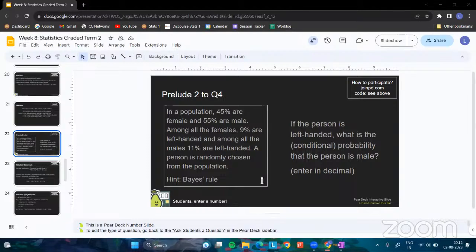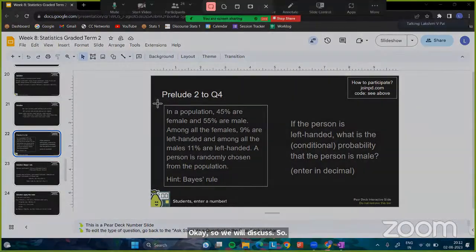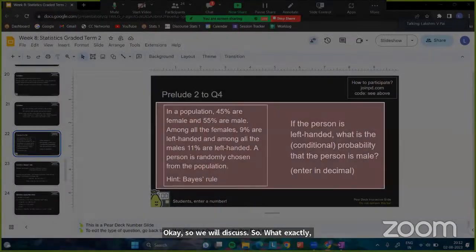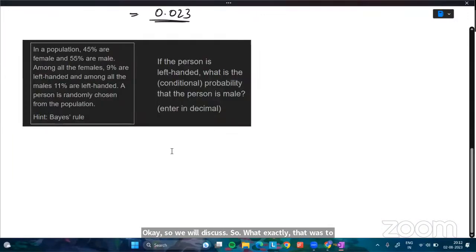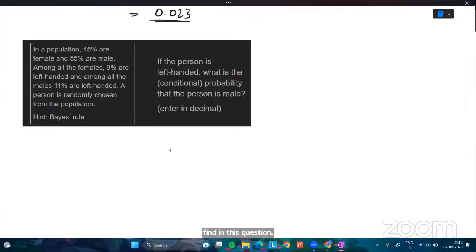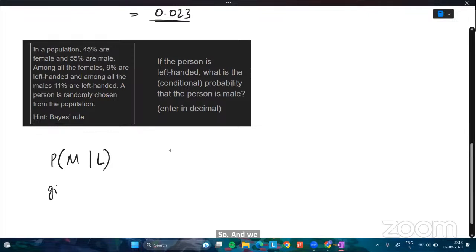Okay, so we'll discuss. What exactly are we supposed to find in this question? They're asking us, if the person is left-handed, what is the probability that the person is male? So probability of the person being male given the person is left-handed. What do we know here?